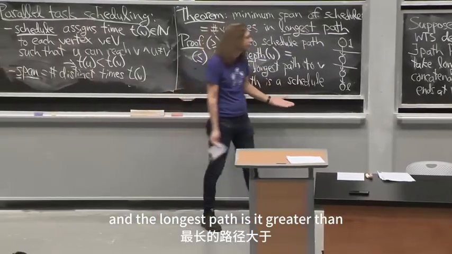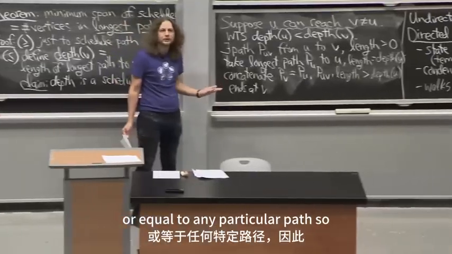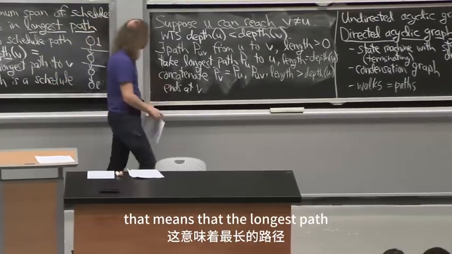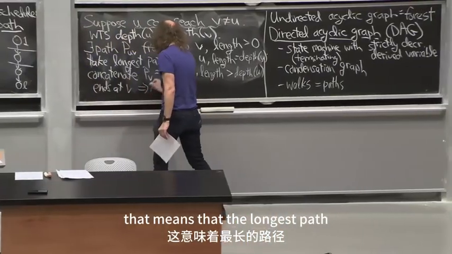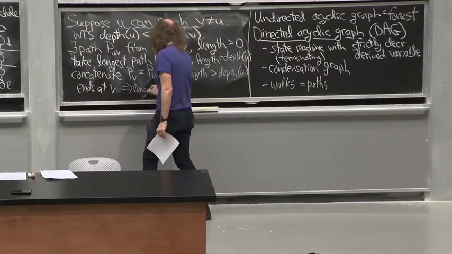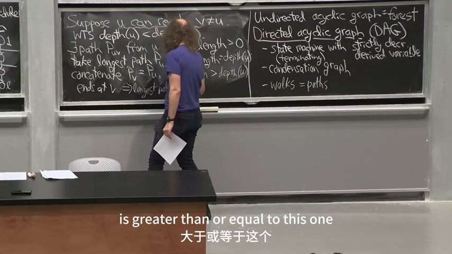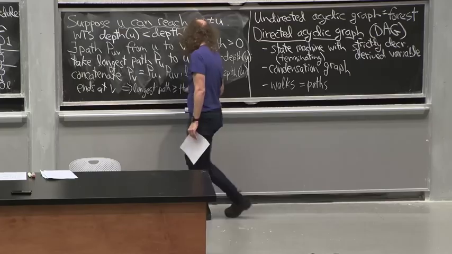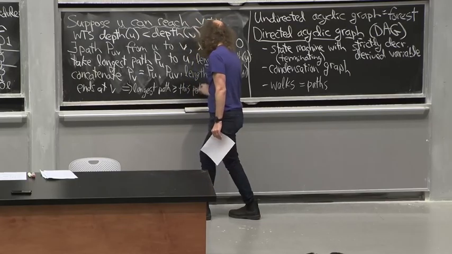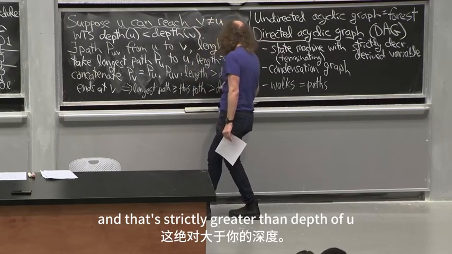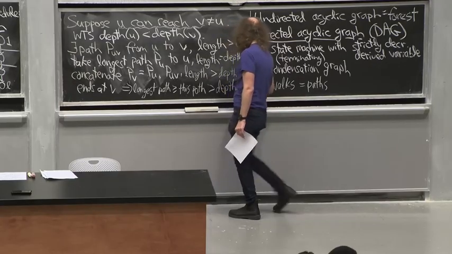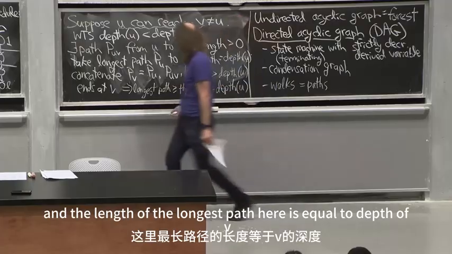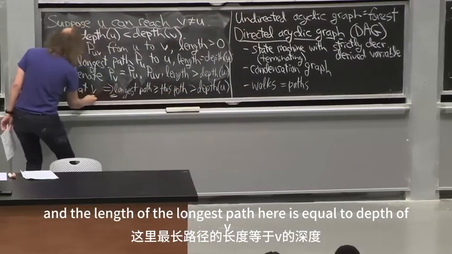And the longest path is greater than or equal to any particular path. So I found a path here. That means that the longest path is greater than or equal to this one, and that's strictly greater than depth of u. And the length of the longest path here is equal to depth of v.